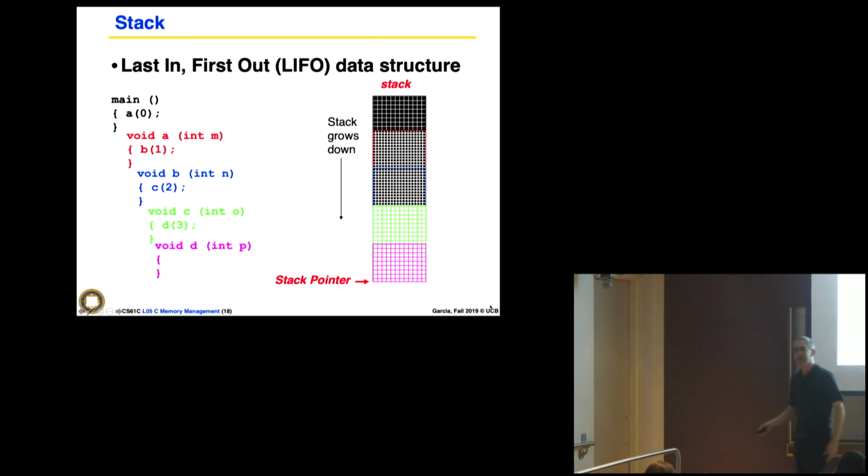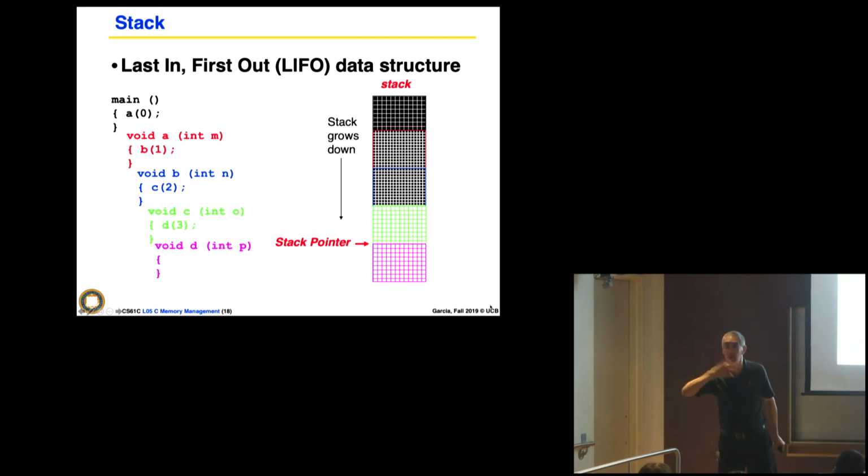Okay? D finishes. This is the beauty of PowerPoint animation. Watch this. D finishes. It just goes back. D returned. Now it's right below the call to D. It's where we're still running. That's where my finger is. Does C clear this? 1, 2, 3. No time to clear it.